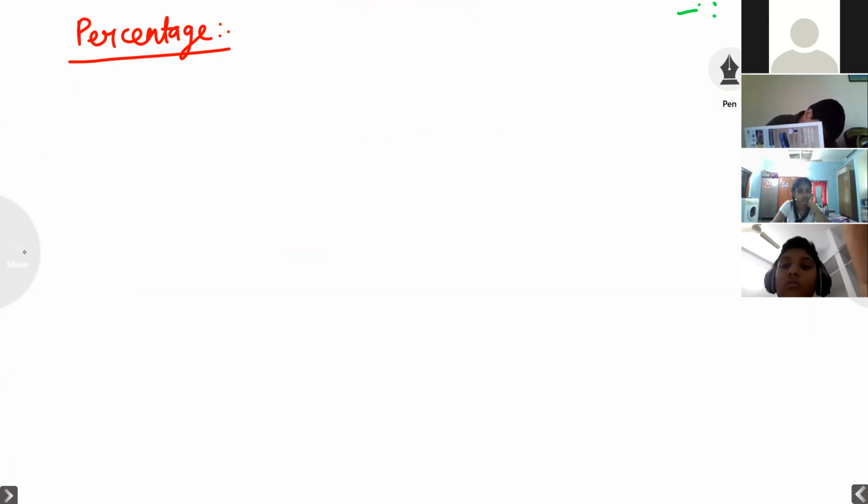The term percentage or percent, both are the same, students.